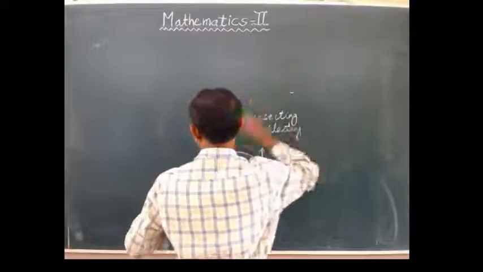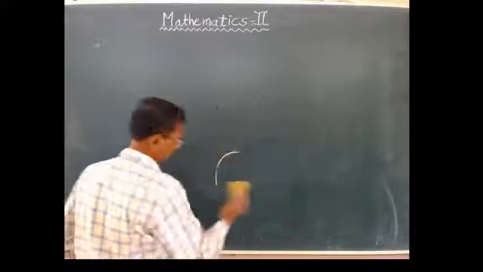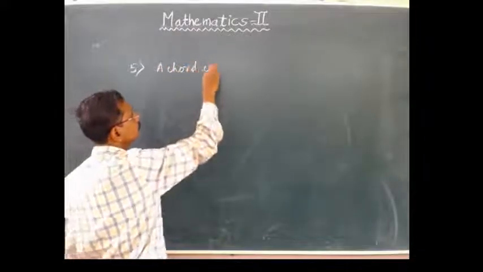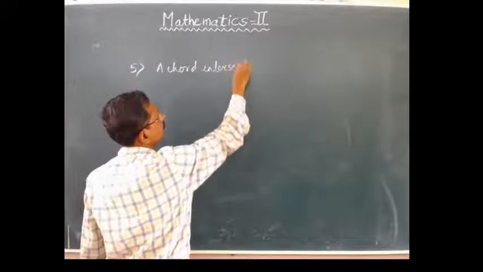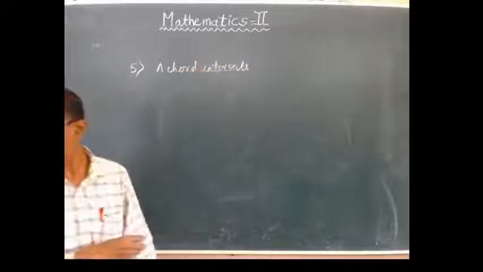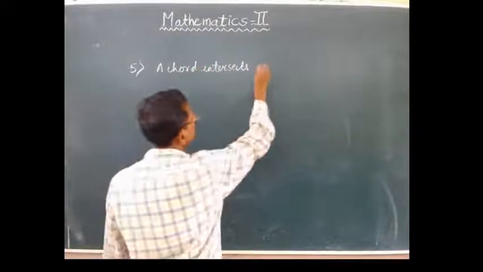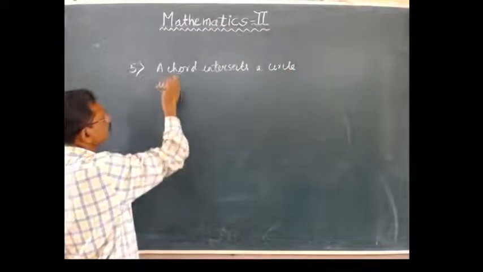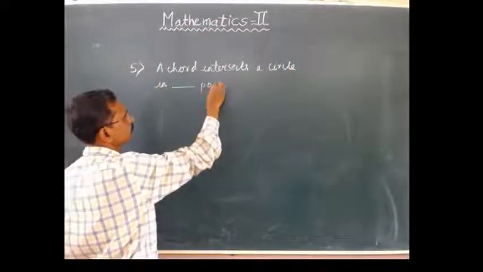What does the next one say? Let us see. A secant intersects a circle in dash points.